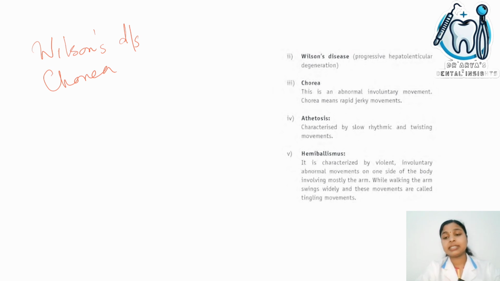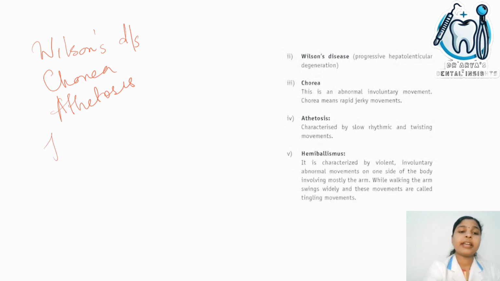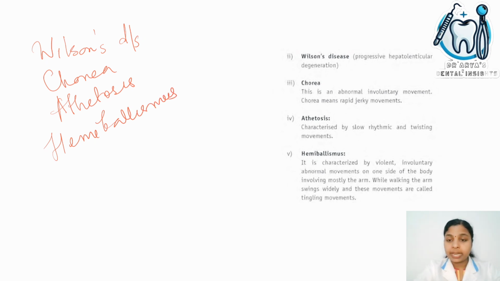Chorea means rapid jerky movements. Then athetosis, it is characterized by slow, rhythmic and twisting movements. And finally, hemibalismus, it is characterized by violent, involuntary, abnormal movements on one side of the body involving mostly the arm. While walking, the arm swings widely, and these movements are called flinging movements.